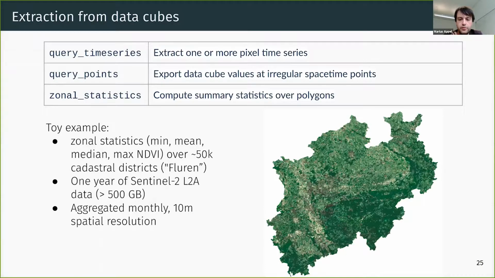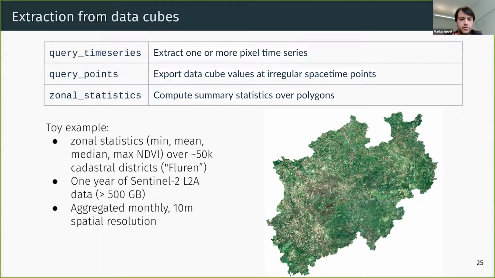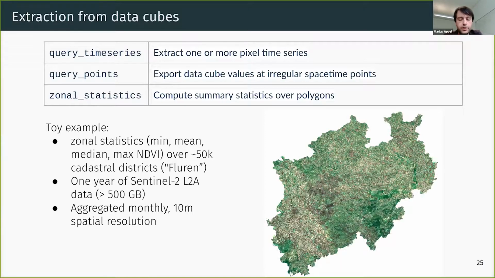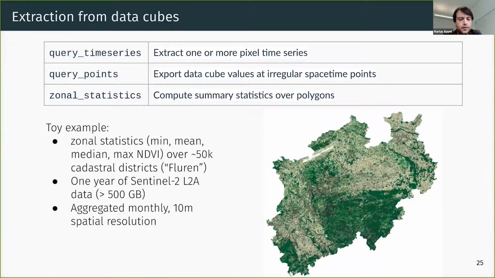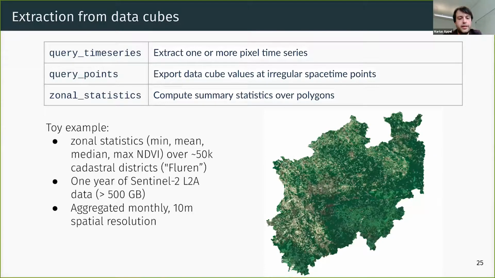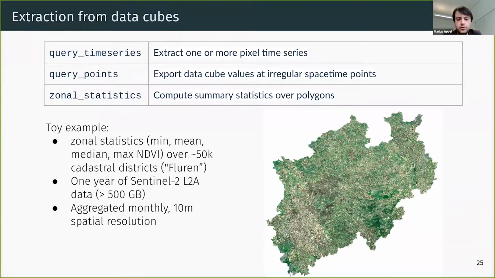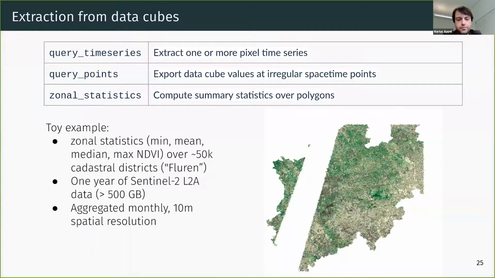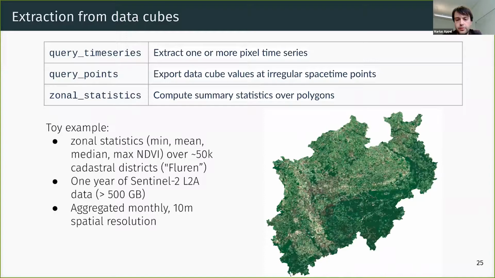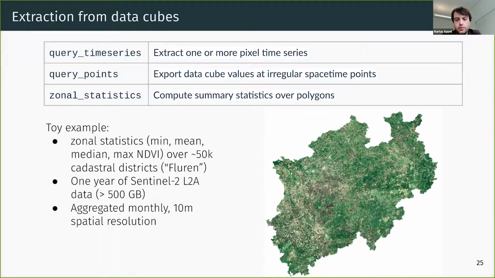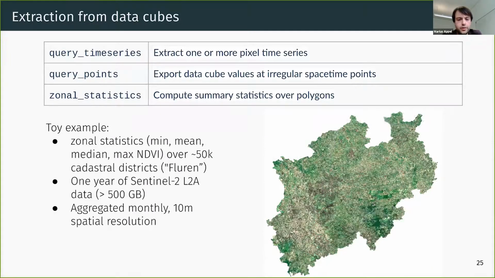The data used were Sentinel-2 level 2A data for 1 year, so around 500 gigabytes, a little bit more. Then we aggregated these data monthly in a data cube at original 10-meter spatial resolution. And after a few hours, I think, of computations, we got the summary statistics per polygon, which you see here in an animation. So that is actually quite powerful, I think.